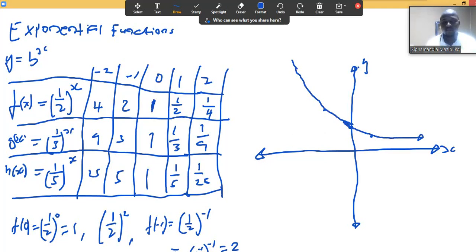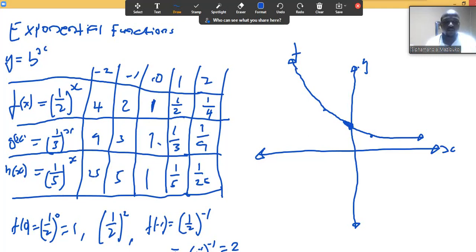That would be our graph of f. Let's look at g. We have the same point here, which is 0 is to 1. Now if you look at 1, it would be 1 over 3, so it would be just here.